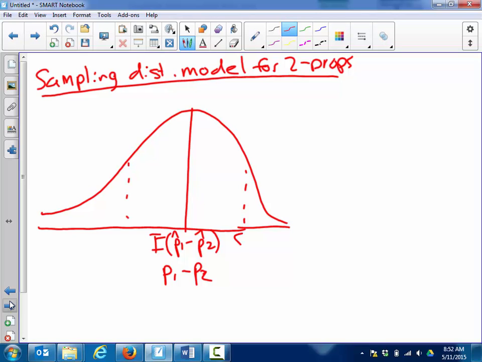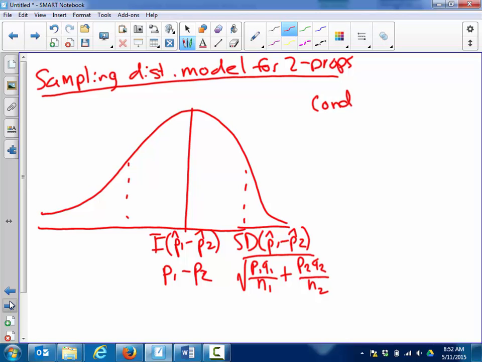All right, well, to either side, if you've got population data to work with, you're talking about a standard deviation of P hat 1 minus P hat 2. This would be the square root of P1 Q1 all over N1 plus P2 Q2 all over N2. Okay, with the following conditions.